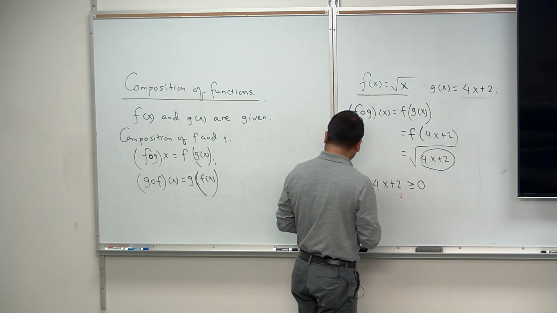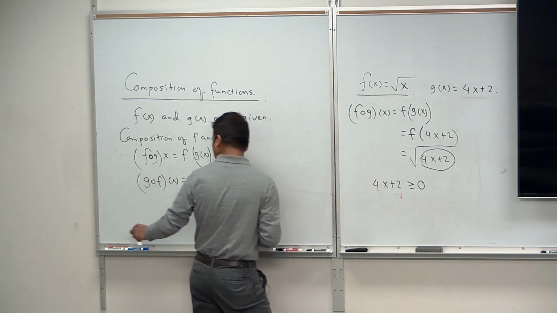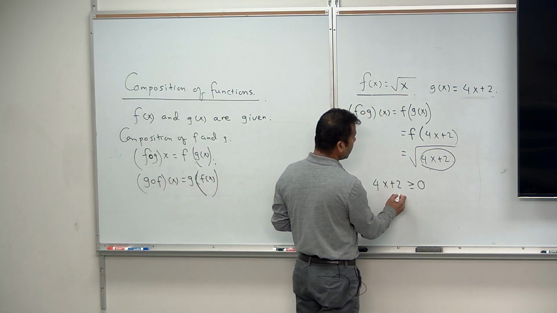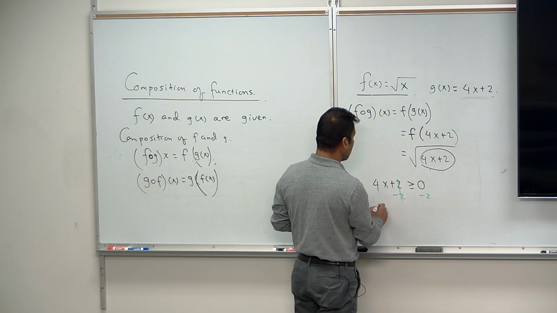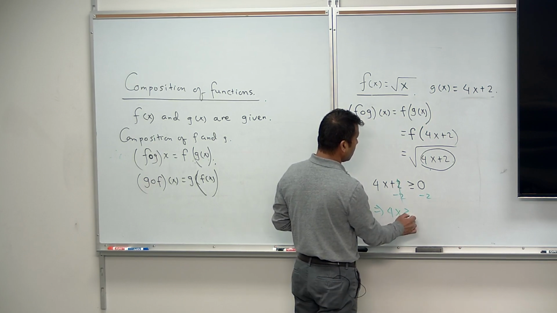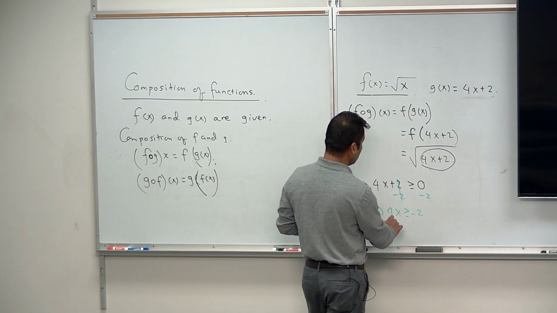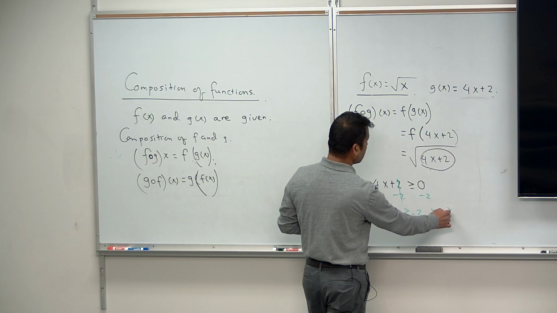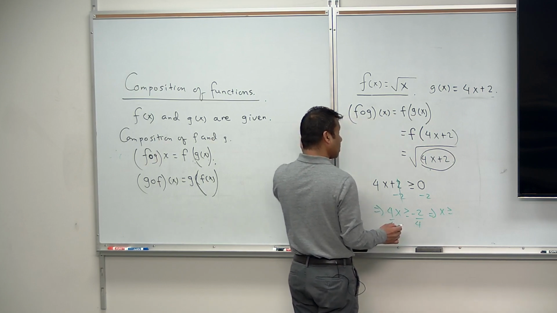Subtract 2 from both sides. Is that right? So if you subtract 2 from both sides, you cross them out. So the 4x is greater than or equal to negative 2. Divide by 4. What is that? Is x greater than or equal to what?